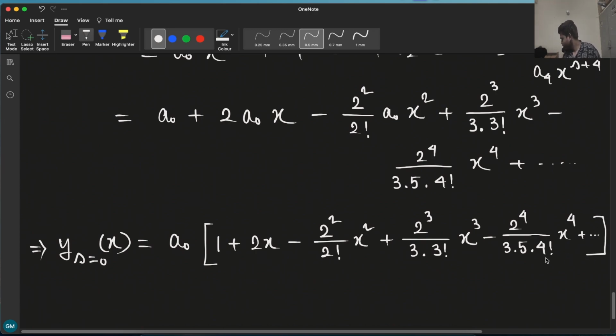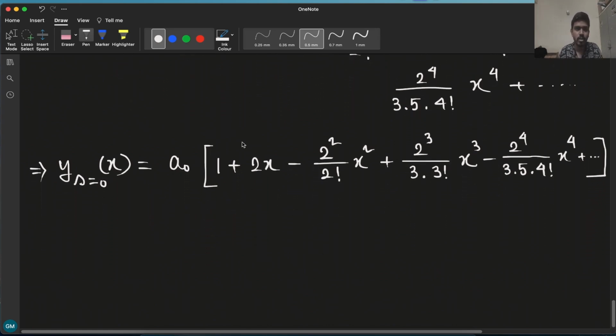Okay, this is one solution for s equals 0.